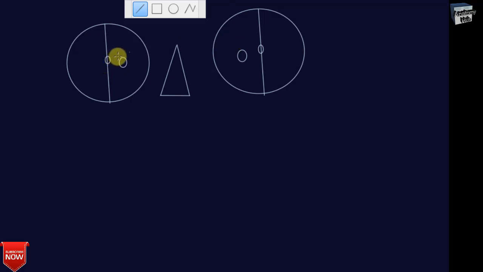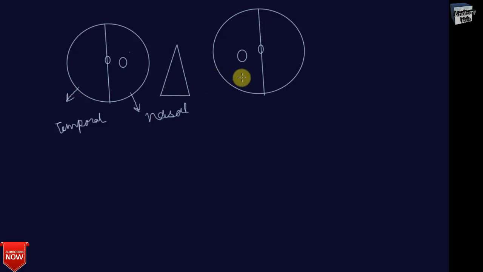The meridional axis divides the two halves of the orbit into two hemispheres. This area is your nasal hemisphere, and this area is your temporal hemisphere. In the other eye as well, this side is the nasal hemisphere and this side is your temporal hemisphere.